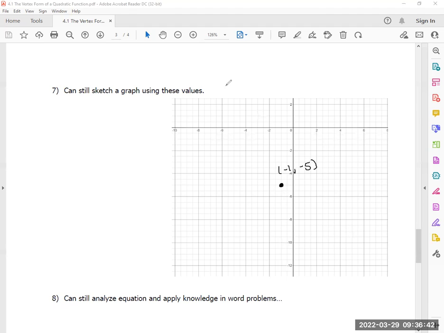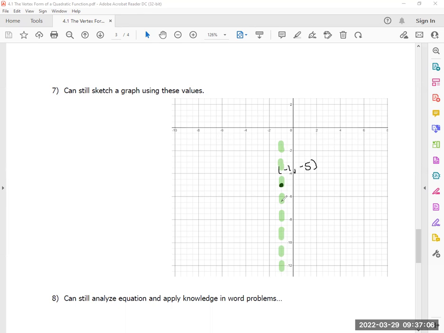Number 2, I know there's an axis of symmetry, and that I will draw in light colors right here. I'm drawing this even though I know the vertex because it will give me like a mirror. In my head, I'd be able to draw a mirror right there. I know the left side and the right side of that dotted line is symmetrical.